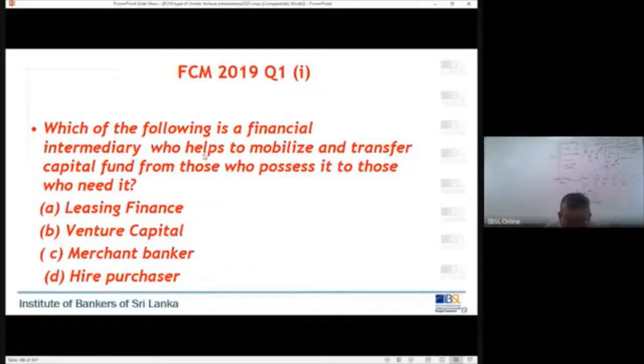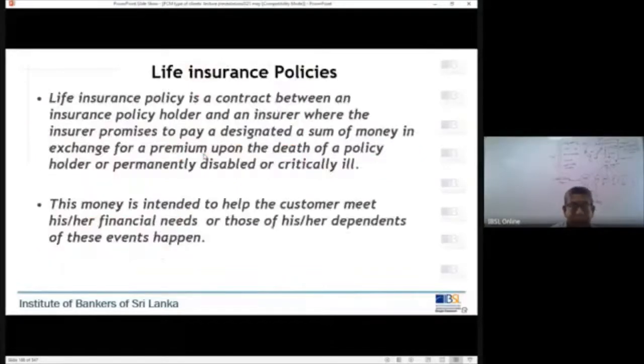In such situations, some institutions come forward and invest their money for those people, expecting a return in the future. Suppose the venture is successful, then they are benefited, no? So such capital formation or investing of money we call venture capital. Okay.